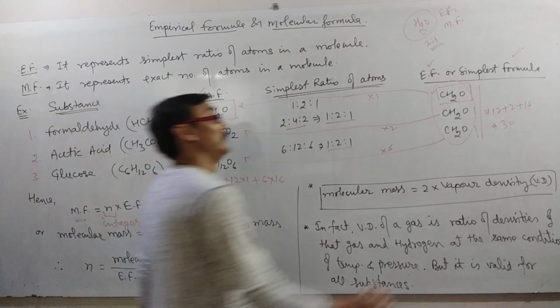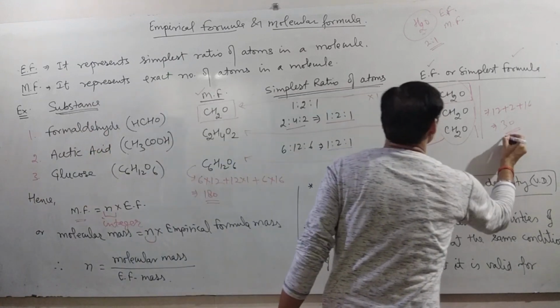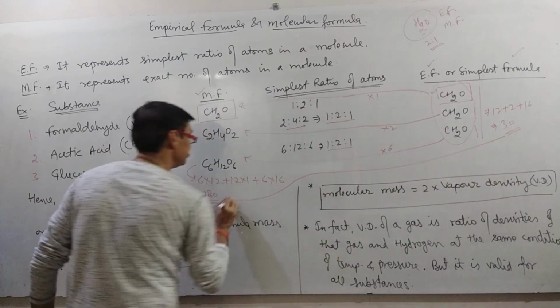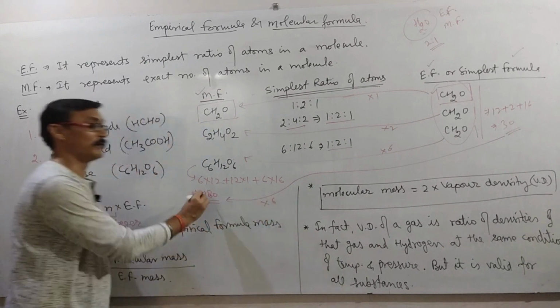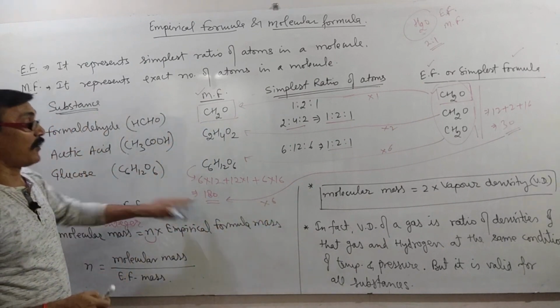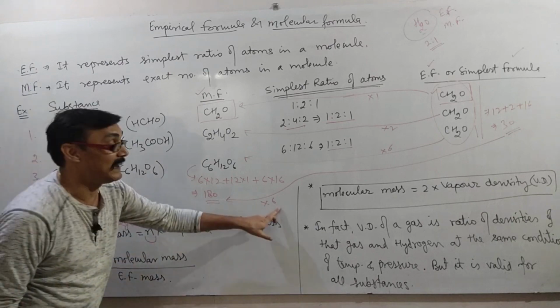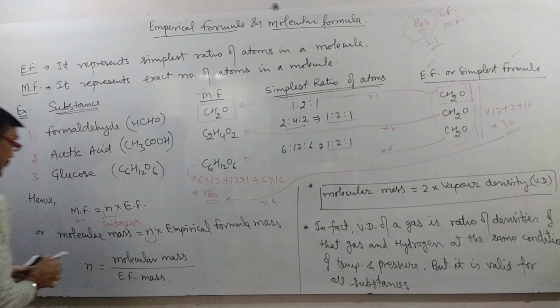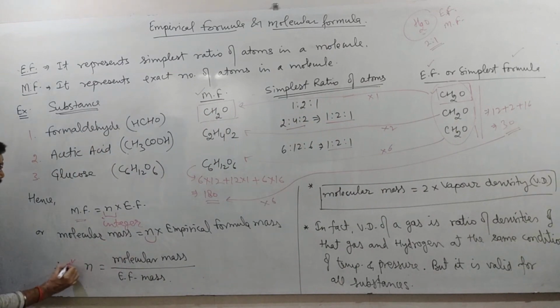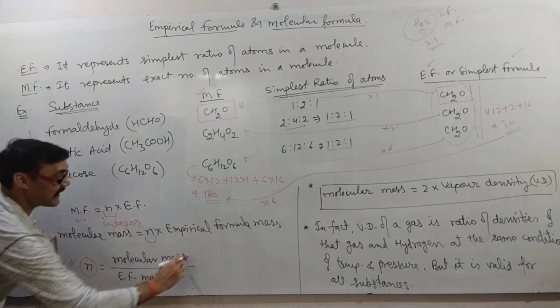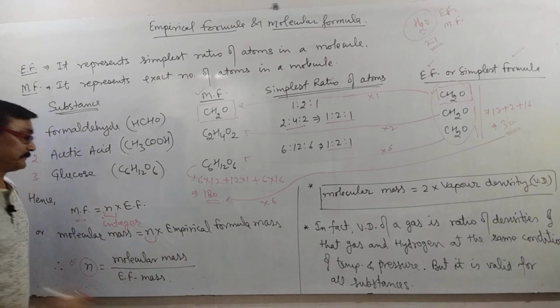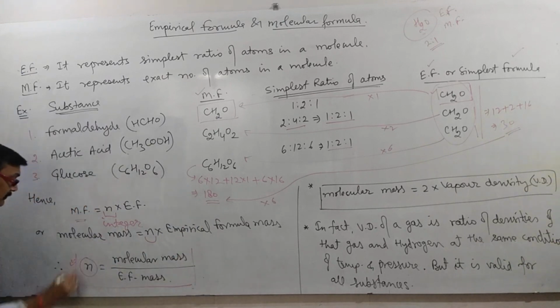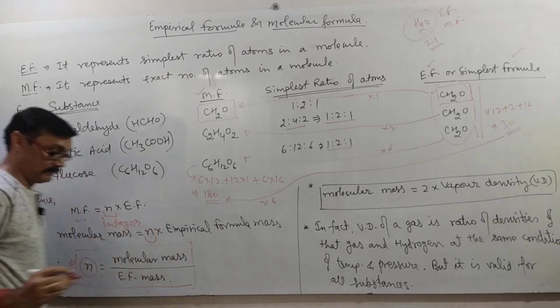So the empirical mass multiplied by 6 gives the molecular mass, or the molecular mass of glucose is 6 times its empirical formula mass. If we have to find the integer, then n is equal to molecular mass divided by empirical formula mass. It is an important formula used in numericals.